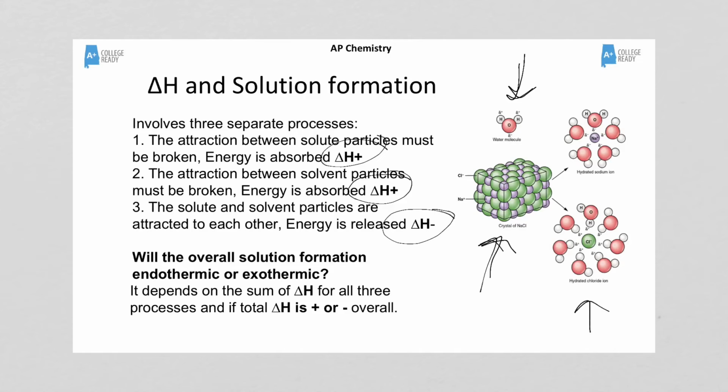When some ionic solids are put in water, like we saw earlier in the calorimeter problem with ammonium nitrate, the temperature dropped. That tells us that overall, these two delta H values must have been very large positive numbers, and then this exothermic number must have been very small. A lot of ionic solids are exothermic.